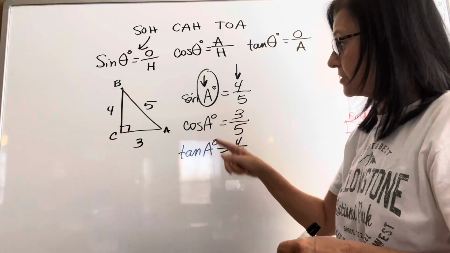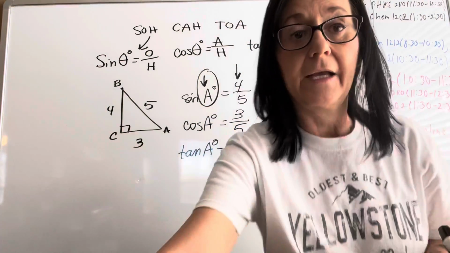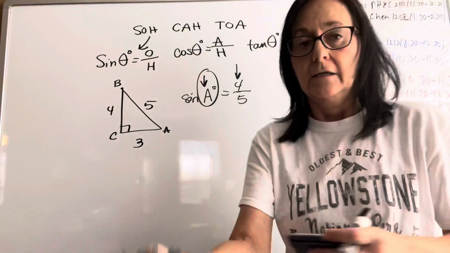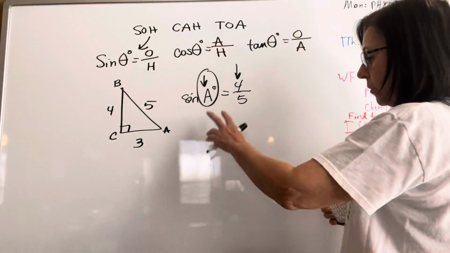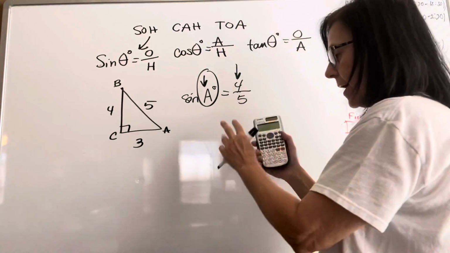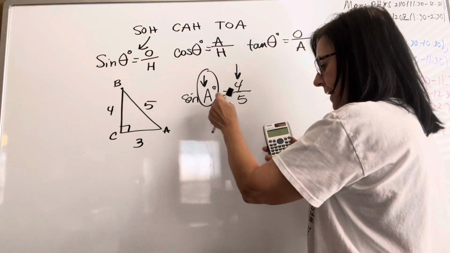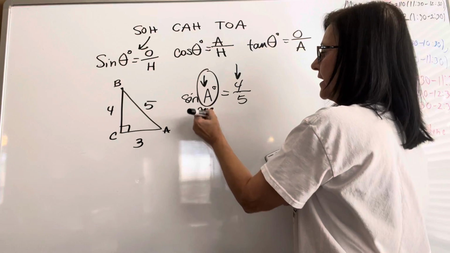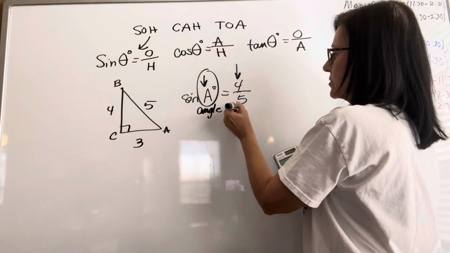So to solve for angle A, I could use this sine A. So when we're just looking at the equation, it's the sine of the angle equals the ratio.